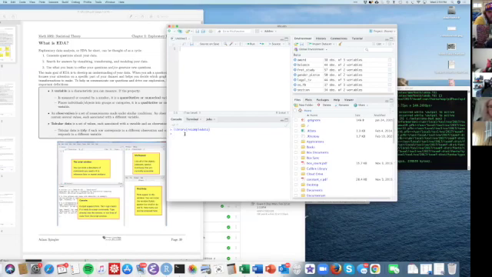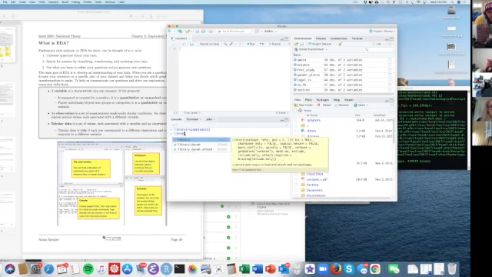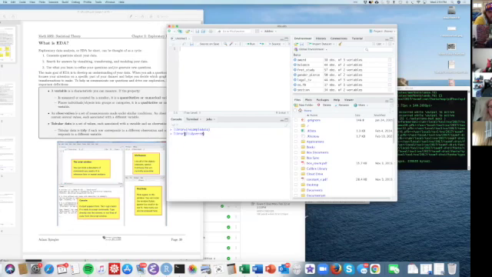Now we're going to have all of the data sets from our textbook in there. And the tidyverse package is where the more commonly used data analysis commands are. So I'm going to load library tidyverse in here as well.